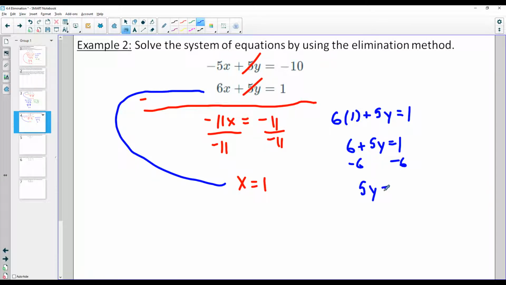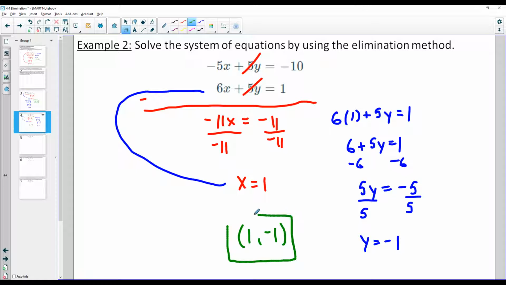We get 5y equals -5. Divide both sides by 5, and we get y equals -1. And so then again, our solution is going to be a point where it's our x value first, and then our y value. And it's called elimination because we're eliminating this variable completely. Right.